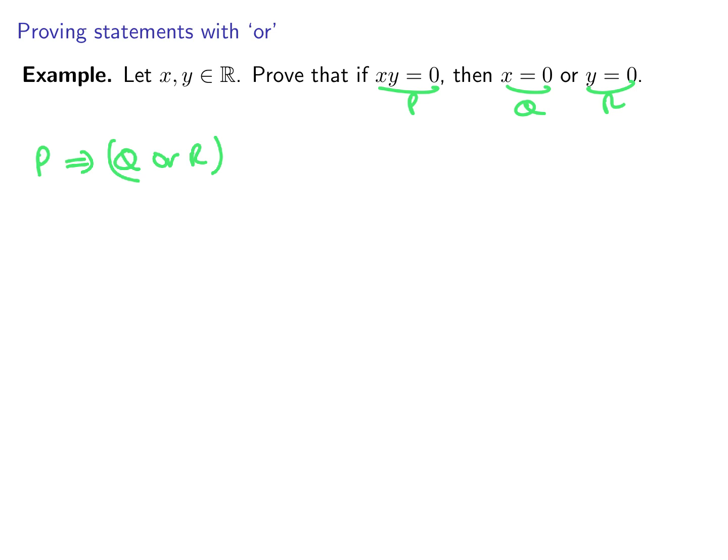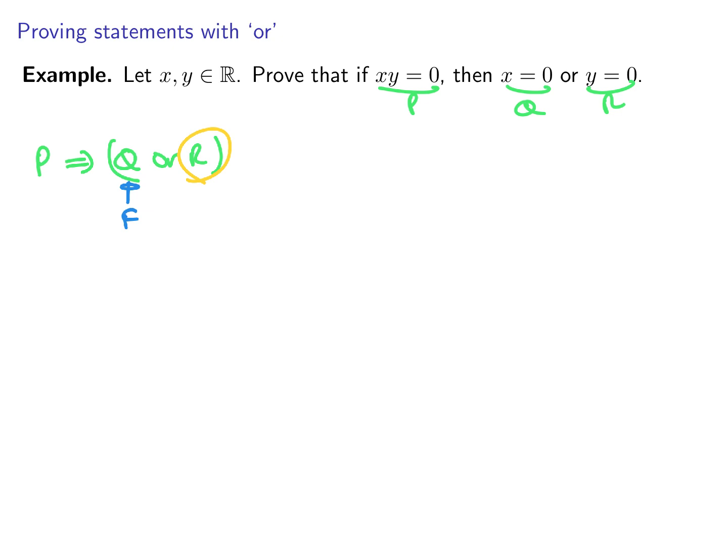is the following. We assume P, we want to prove Q or R, right? Remember that Q or R is true if at least one of them is true, right? So if we force one to be false, let's say you force Q to be false, then it must be the case that R is true, right? For the Q or R to be true.